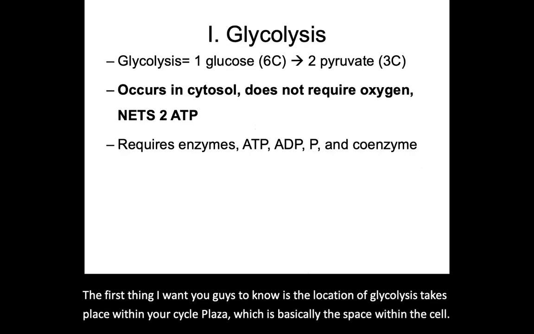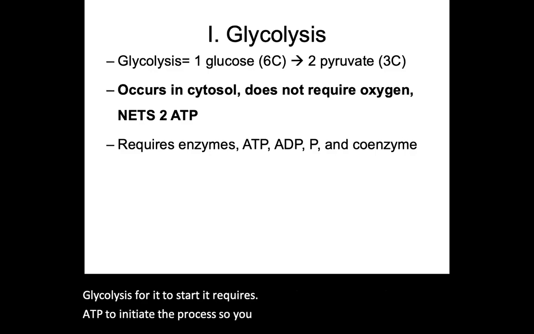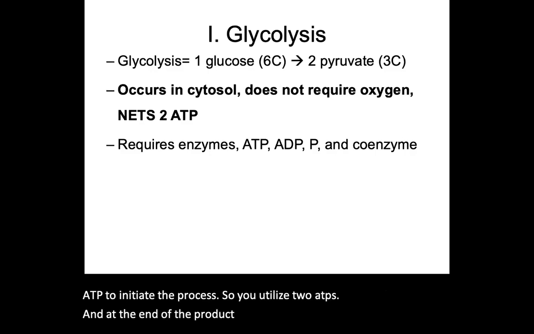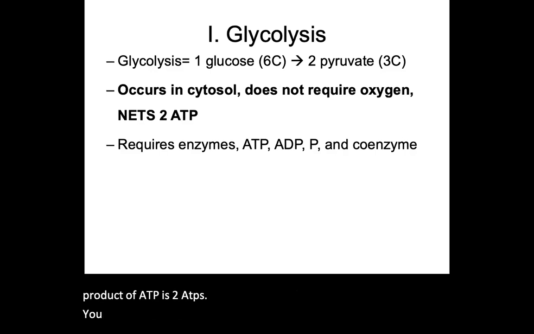For glycolysis to start, it requires ATP to initiate the process. So you utilize 2 ATPs, and at the end of the process, you produce 4 ATPs. So your net product of ATP is 2 ATPs. You also create 2 high energy molecules called NADH.